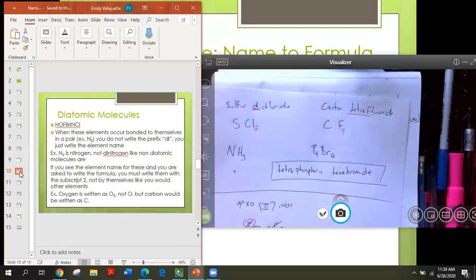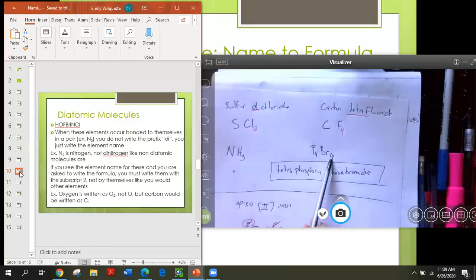Another important thing that you have to memorize is our diatomic molecules. We have briefly talked about these already. So diatomic molecules, also called Hofbrinkel, are elements that never occur by themselves. They could be bonded to other elements, like nitrogen and hydrogen are both diatomic, but you don't see little 2's behind them because they're bonded to something else.